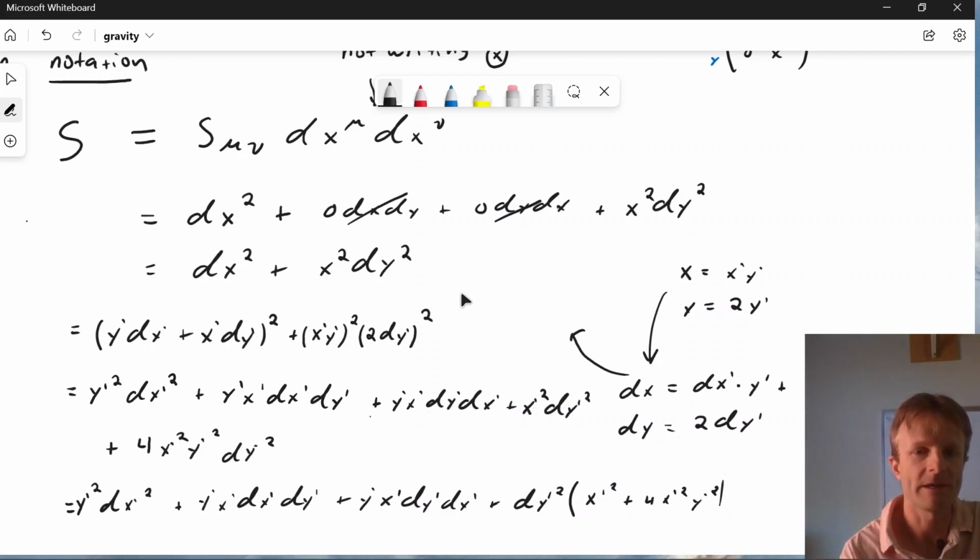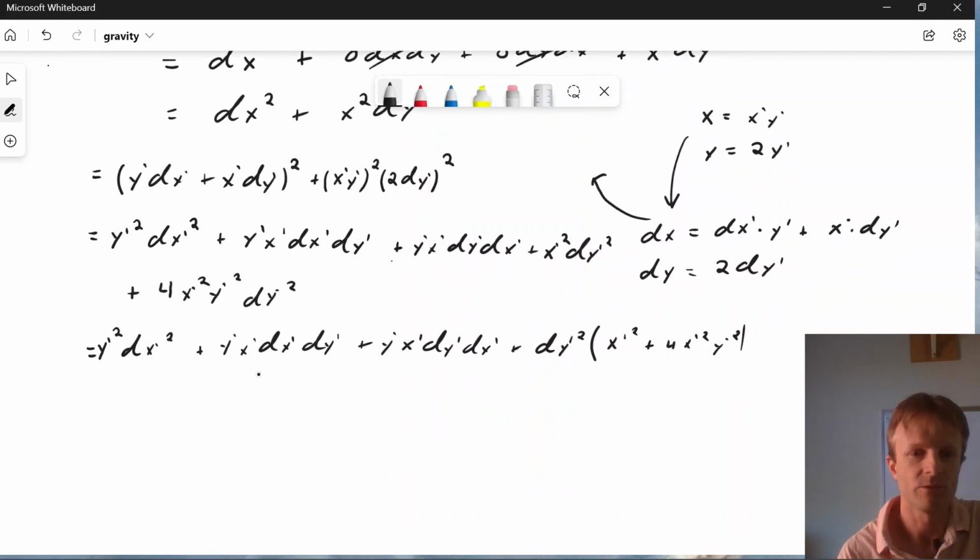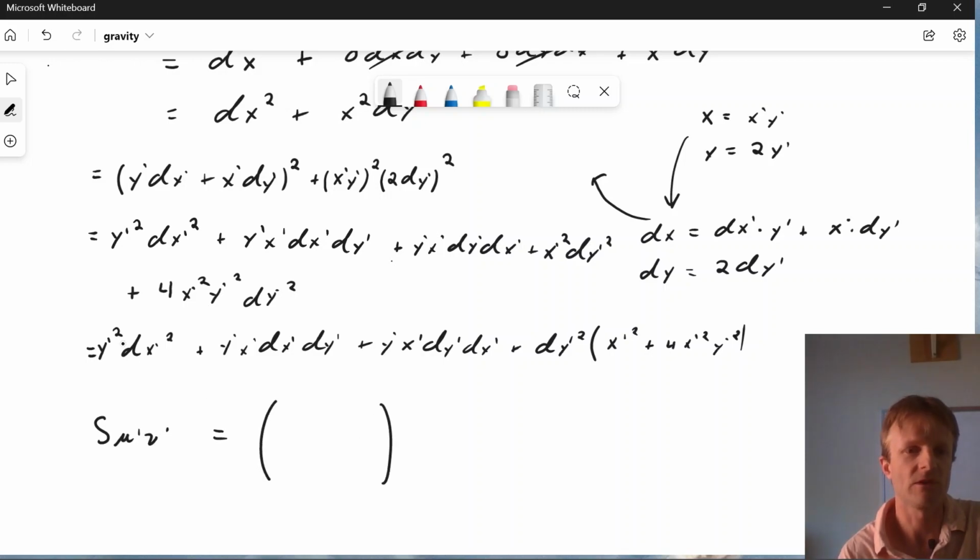And now if we want, we can translate this back into a matrix. We just read the components off. So S mu prime nu prime is the matrix. Our coordinate basis in the x prime coordinate basis is appearing here, so I need to put y prime squared in that component. Here is x, y.